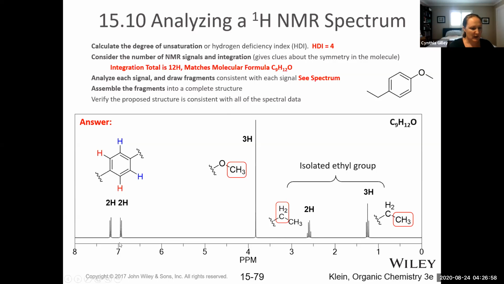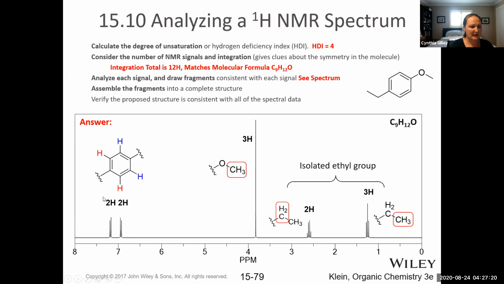And then I look and see, okay, when I have an aromatic ring, one of the simplest patterns, and actually a really common pattern observed, is when you have 2 doublets that integrate each for 2 hydrogens. This is very characteristic of a para disubstituted aromatic ring, right?